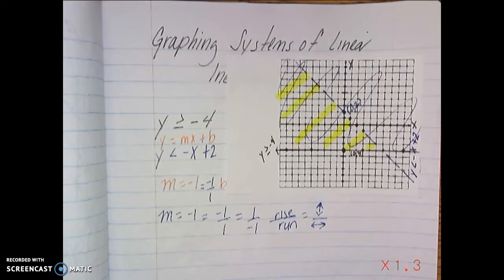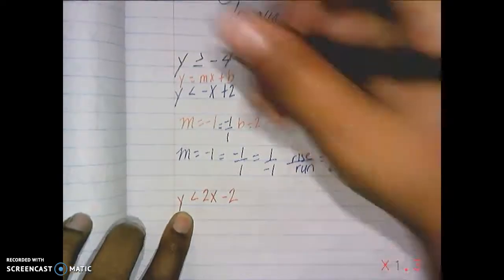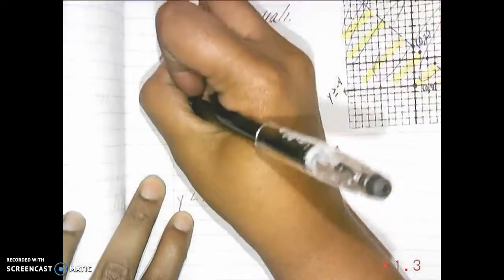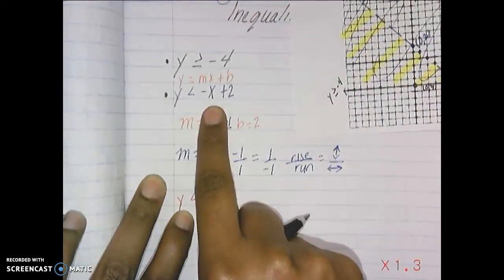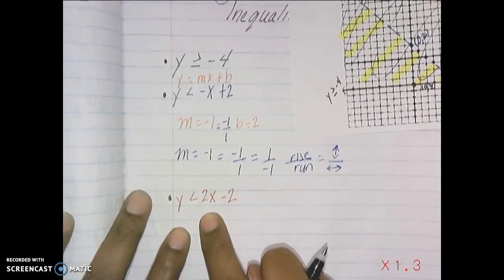I got one more to go. Okay, so this is our last inequality. So we started out with y is greater than or equal to negative 4, and then we went to y is less than negative x plus 2, and then our last inequality is y is less than 2x minus 2.